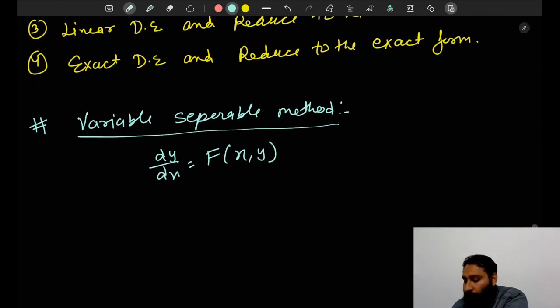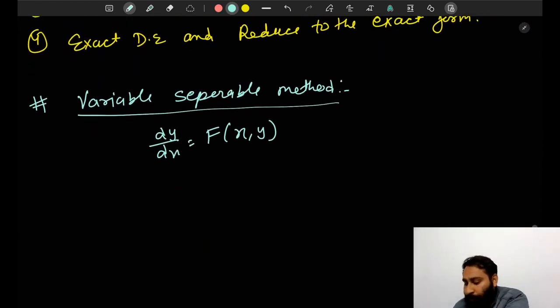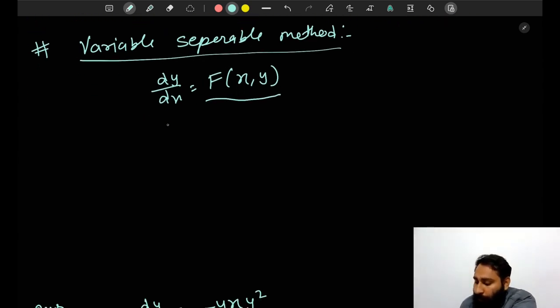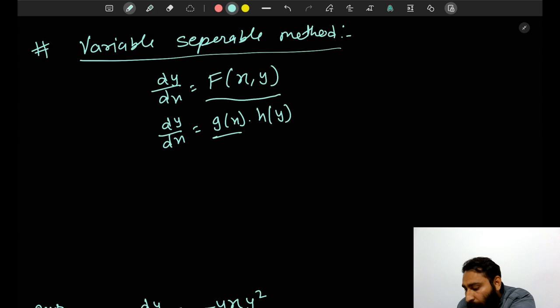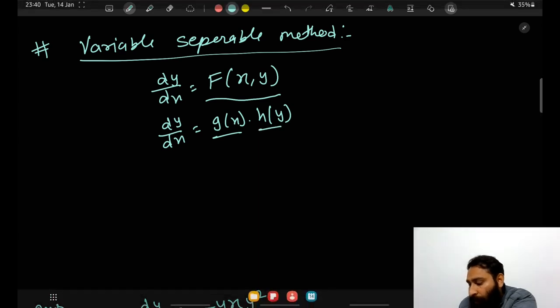Now we see the variable separable method. In the variable separable method, the differential equation is like dy by dx is equal to f(x, y). This is a function of x and y. So in variable separable, we separate the variables: g of x into h of y. We separate the variables x and y.